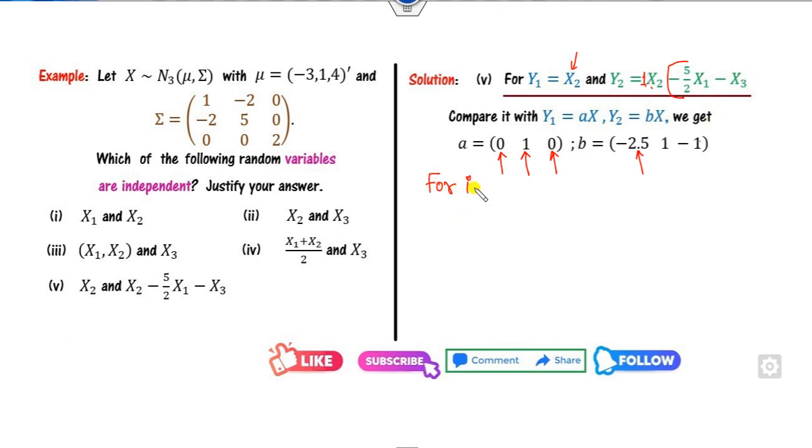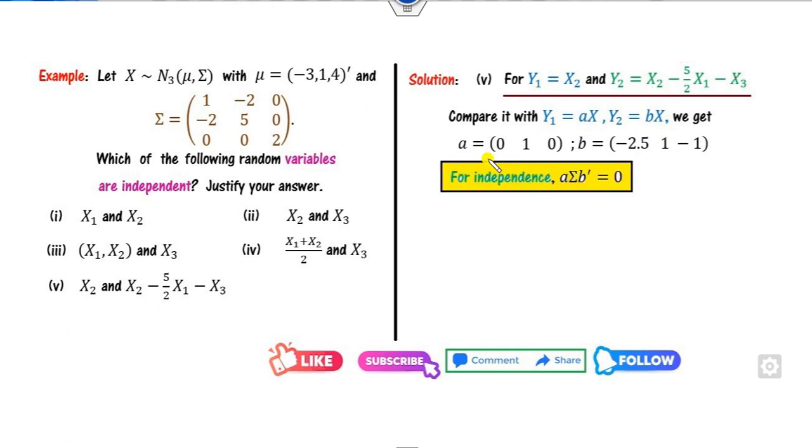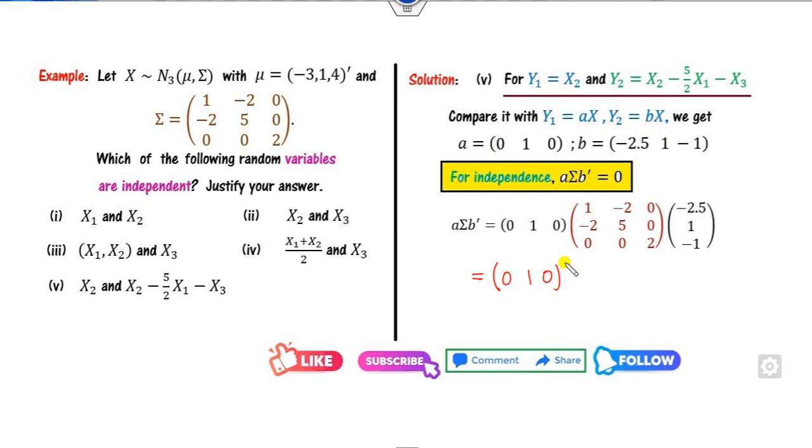Now for the independence you need to check A sigma B transpose. I can substitute the values of A, sigma and B transpose. So let me calculate it. If you multiply them, it's minus 2.5 minus 2, so minus 4.5.